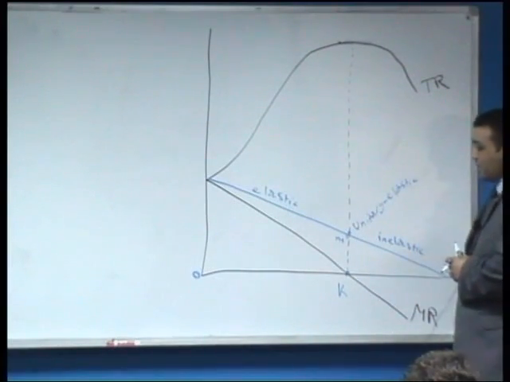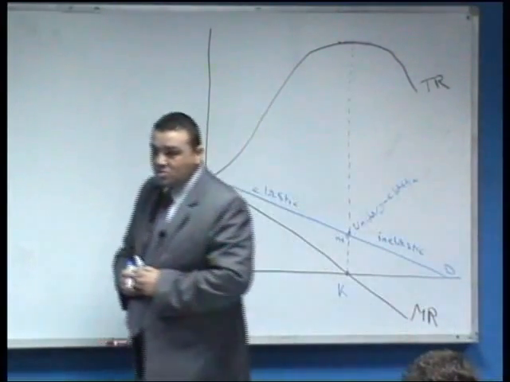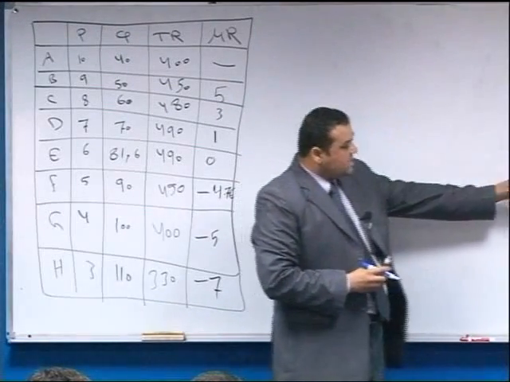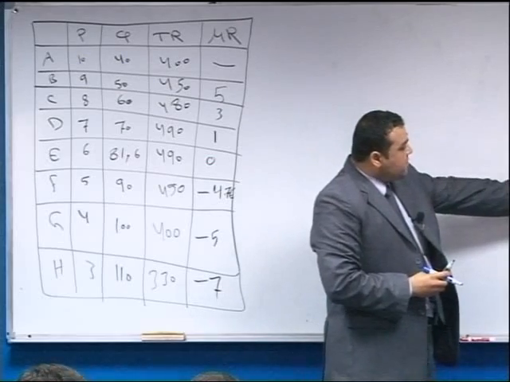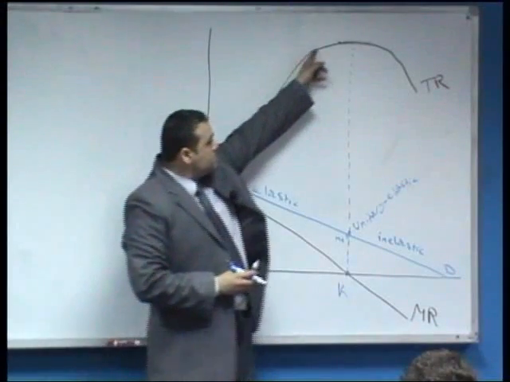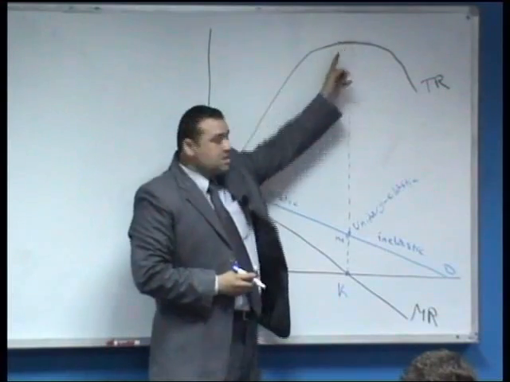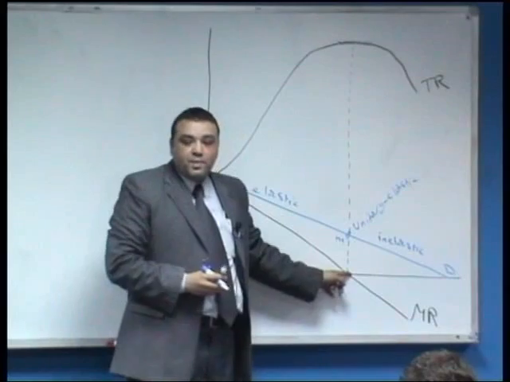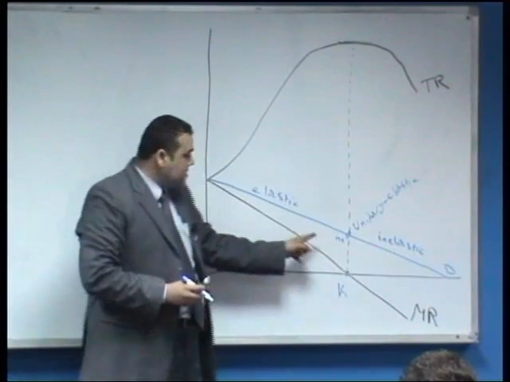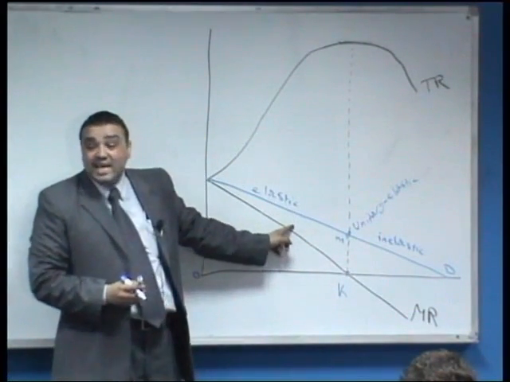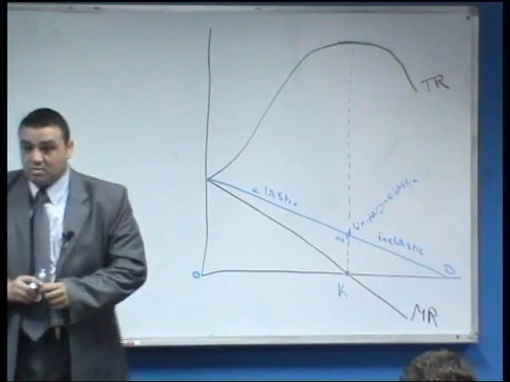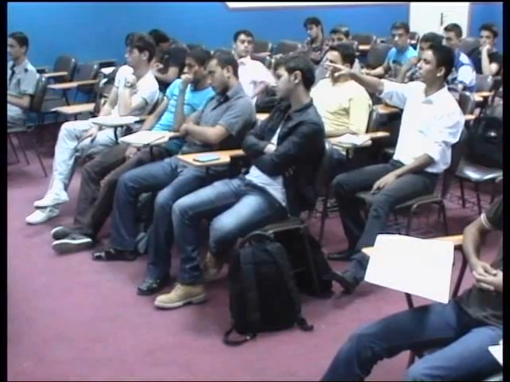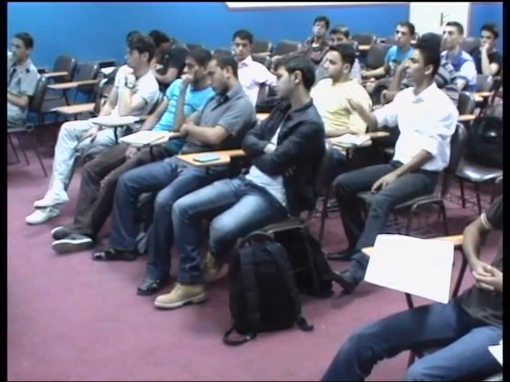So let's analyze these two stages of the diagram. In the first case, when the total revenue increased, the marginal revenue is declining and it would be positive. The demand curve in this case is elastic, right? When the price increases and total revenue increases, the demand would be inelastic.